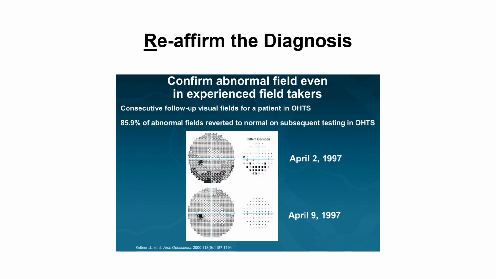As we said, 85.9% of abnormal fields reverted to normal on subsequent testing in the Ocular Hypertension Study. And this is one example. On 2nd April 1997, one of the patients showed an inferior field defect, and when they tested after 1 week, it reverted to normal. So please repeat the test if needed.